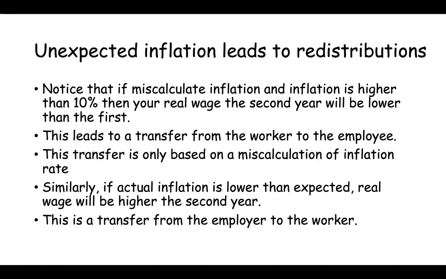Now, let's say you miscalculate inflation, and let's say you expect the inflation to be 10%, but inflation ends up being 15%. But your nominal wage only grows by 10%. That means your real wage would actually go down by 5%, because there was higher than expected inflation.